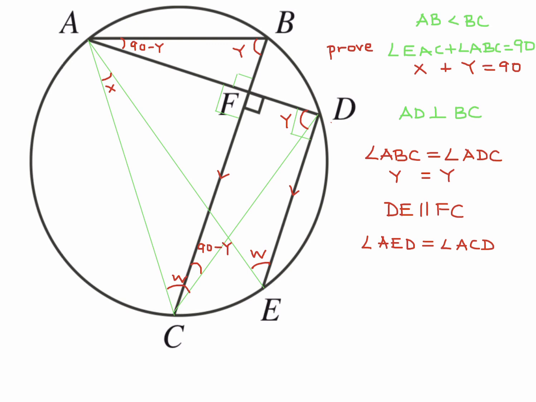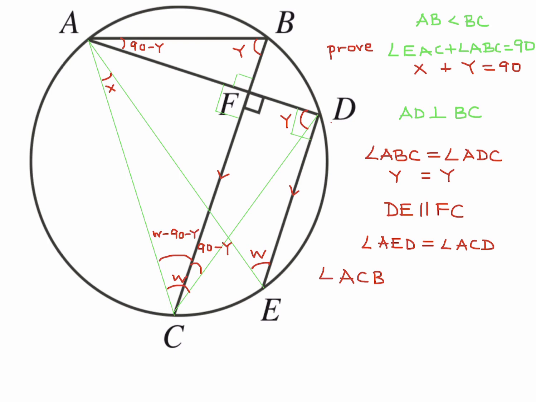Now take a look at angle ACB, this angle right here. That angle, which I'll just draw like that, is W minus (90 minus Y). Correct?